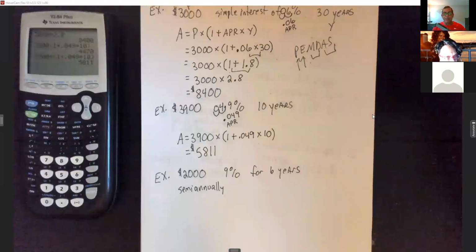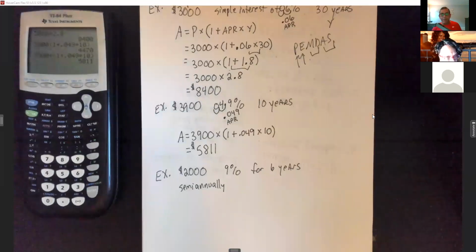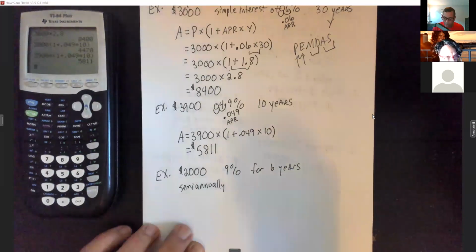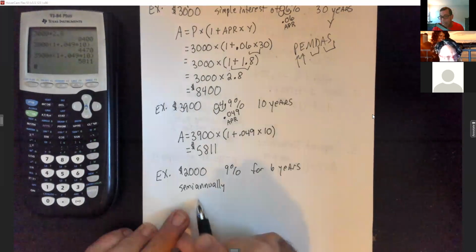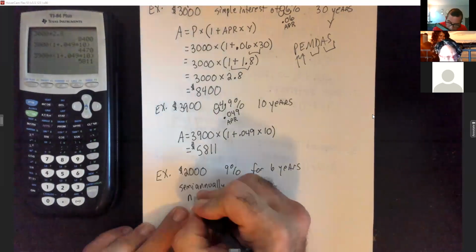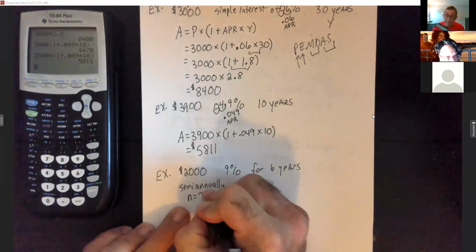All right, so I'm going to move that down just a little bit so we can get this problem on here. So semi-annually, they're compounding this one. So we need to figure out what semi-annually means, and that means 2. So that means that our N in this formula will be 2.